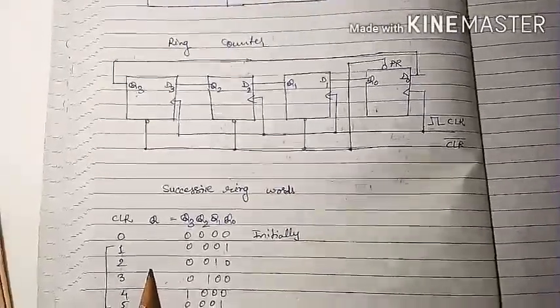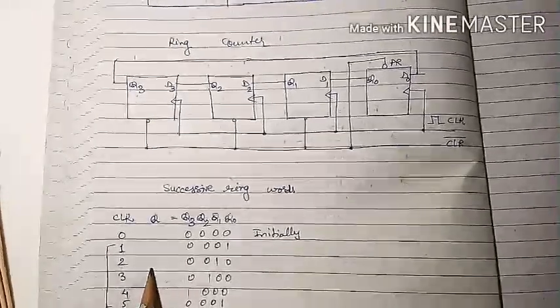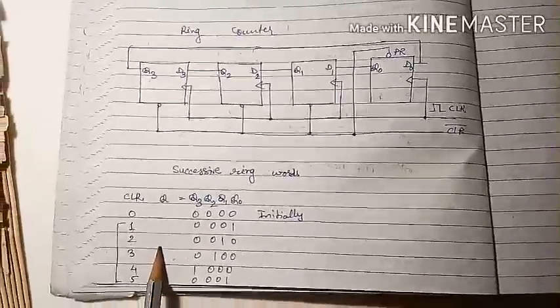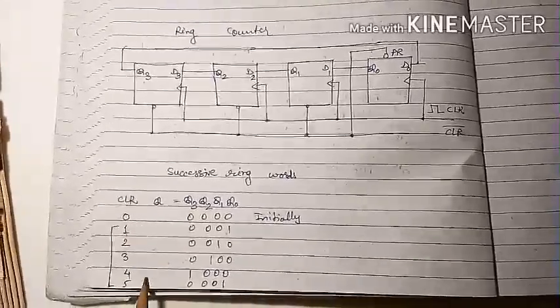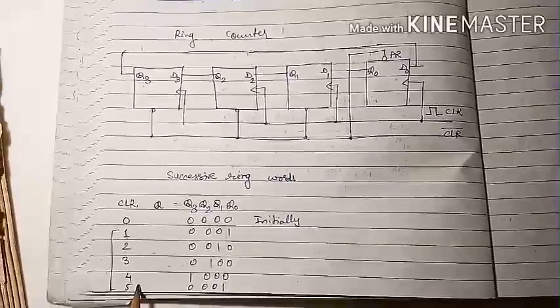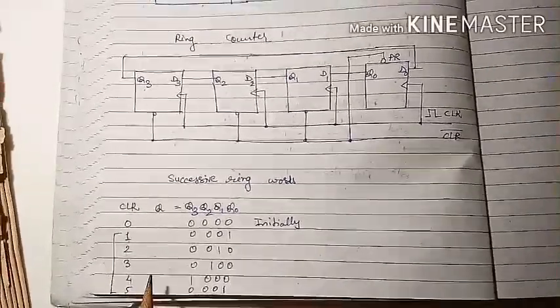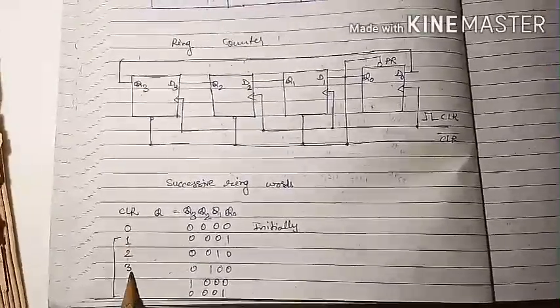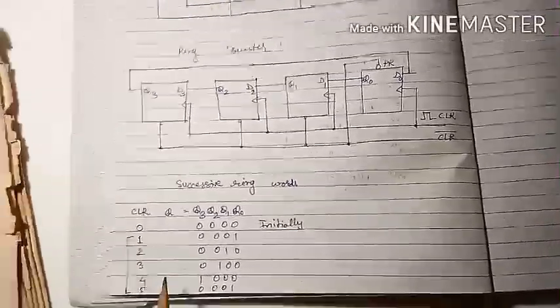Each of the foregoing words has only one high bit. The initial word stands for decimal 0 and the final word for decimal 5 for a 6-bit counter. For 4-bit, the initial word is 0 and the final word is 3.